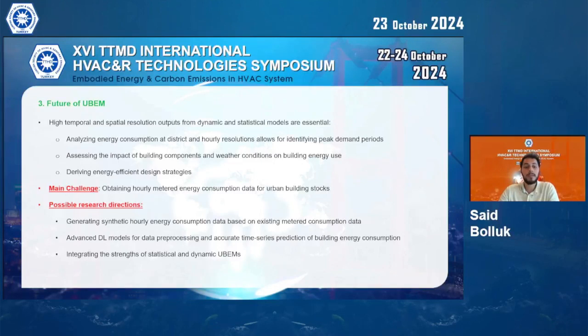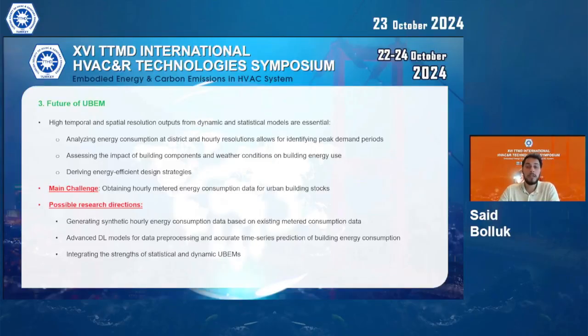Also, we can assess the impact of building components and weather conditions on the building energy use using urban building energy models to drive different energy reduction strategies. For example, I just said the retrofitting strategies. And finally, as I told you, we can drive energy efficient design strategies for our urban building stocks.